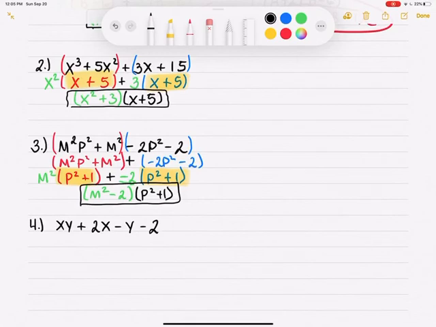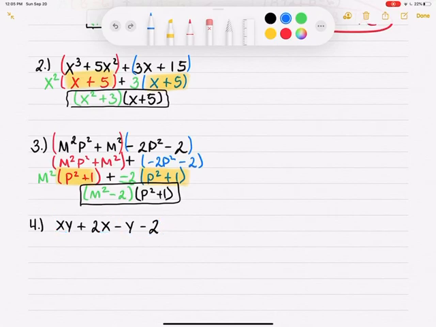In the fourth example, I have xy plus 2x minus y minus 2. If I do what I've been doing and split this in half, remember keeping the negative with that y. If I look at my terms, xy and 2x both have a common factor of x, but y and 2 have nothing in common.